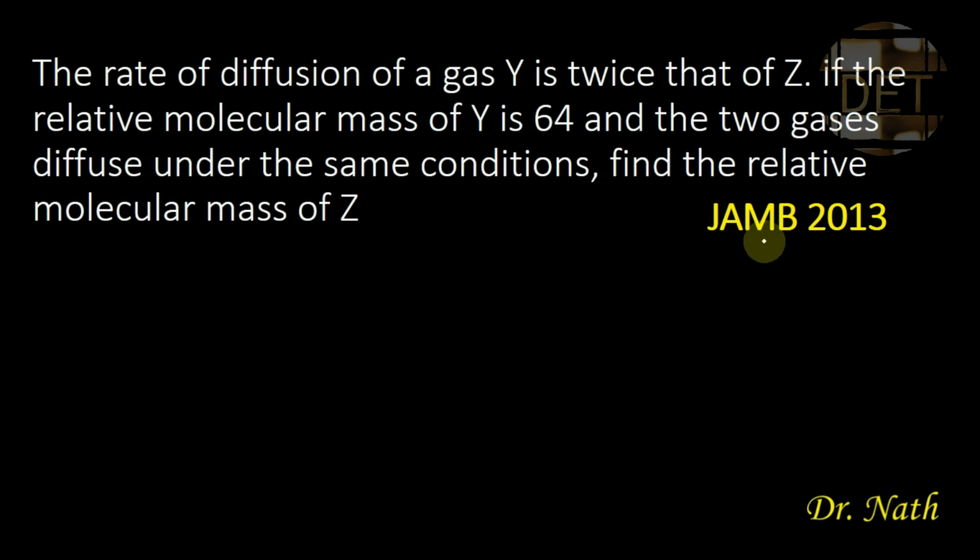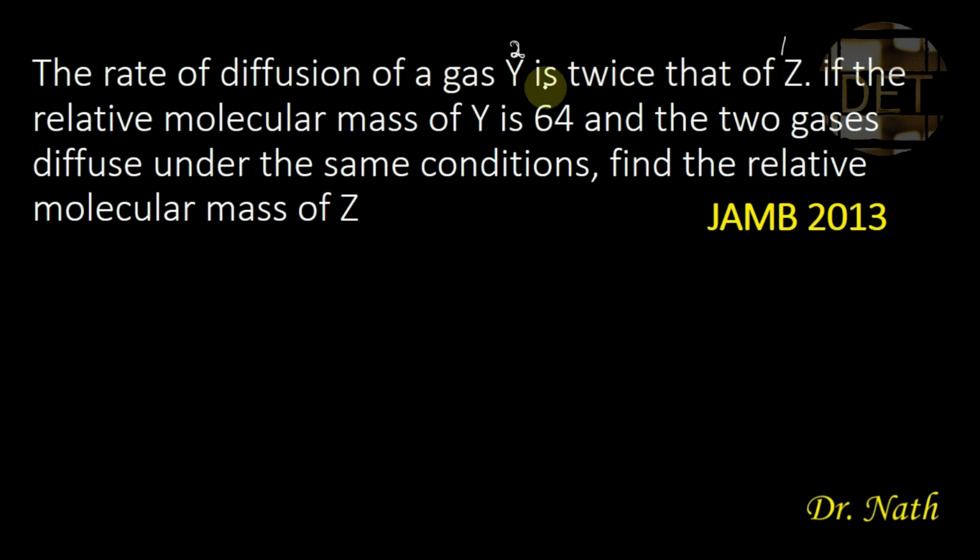The example 2 is actually a JAM question from the year 2013, and the question says the rate of diffusion of a gas Y is twice that of Z. So that tells you that if the rate of diffusion of the gas Z is 1, that of the gas Y will be equal to 2, because the rate of diffusion of the gas Y is twice that of Z.